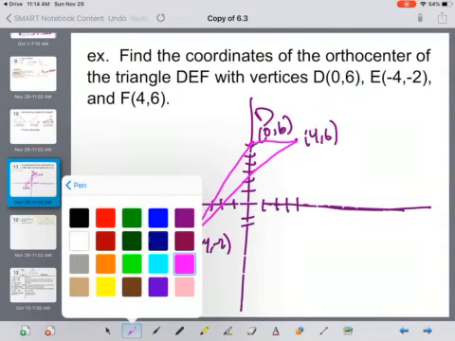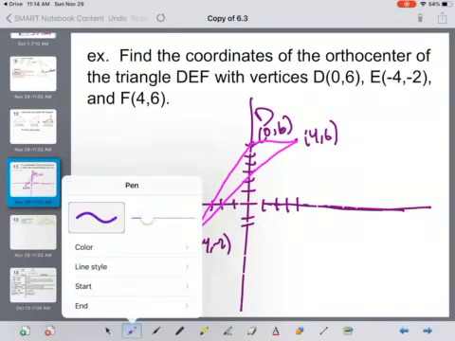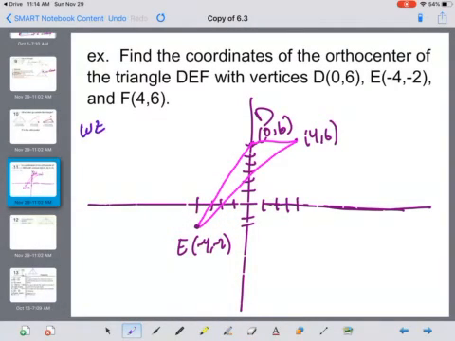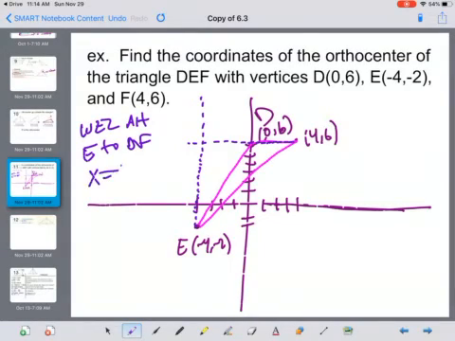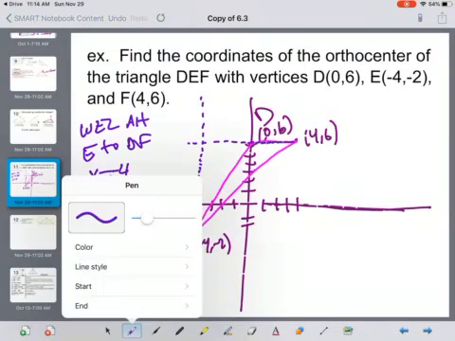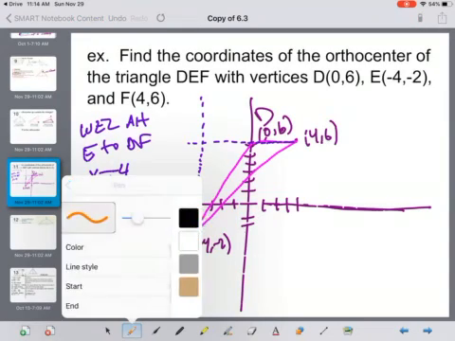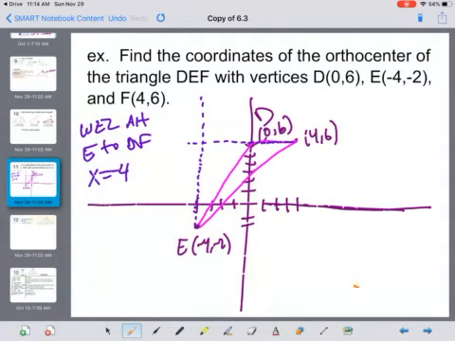First off, I'm going to write the equation of the altitude from E to DF. Perpendicular to a horizontal line is going to be a vertical line. So x equals -4. So I already got one done. Always look for, if you can do a horizontal or vertical, it's going to make it a little easier.